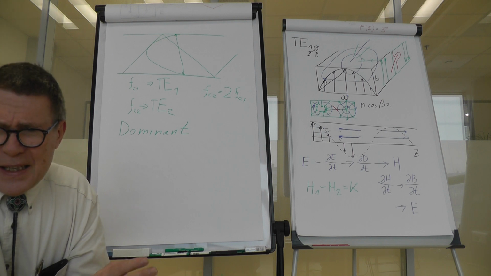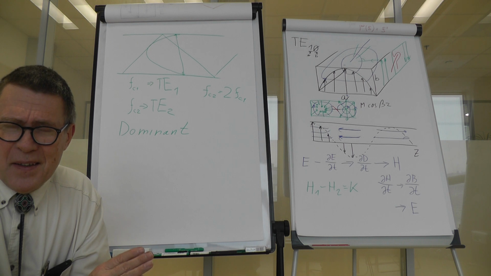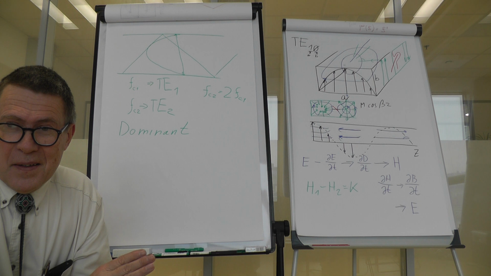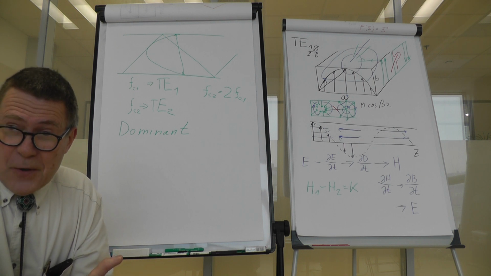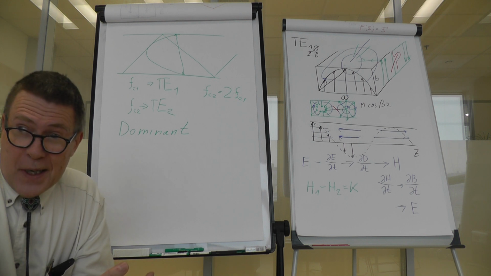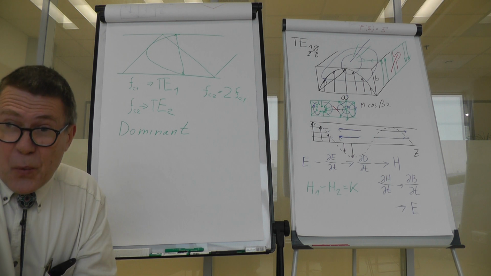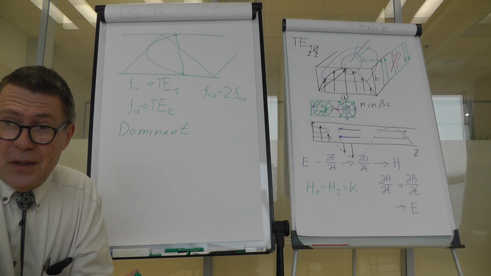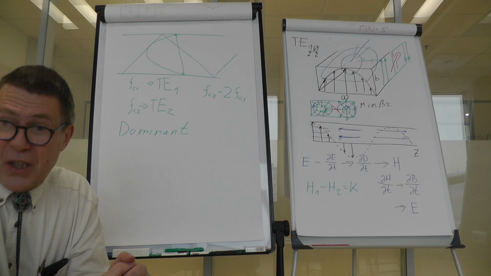Well, a hint: can a coaxial cable support DC? It can. You can use it for transmission of a DC current. Therefore, the dominant mode in a coaxial cable runs from DC, which is zero frequency. So the critical frequency for the dominant mode of a coaxial cable is 0.